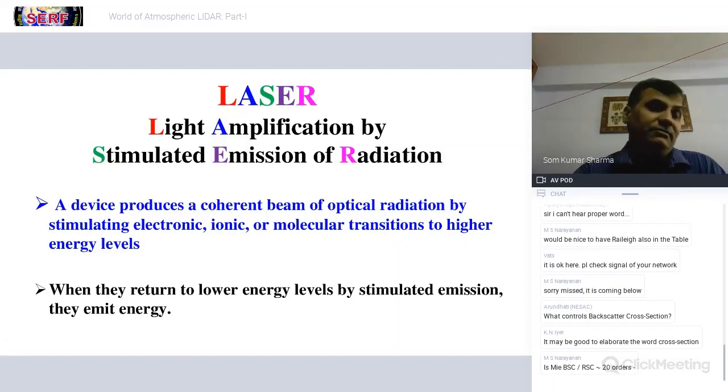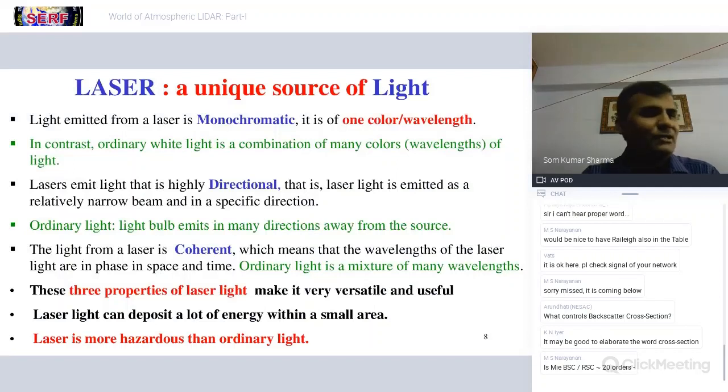And why laser? The question comes, why laser? Why can't a simple searchlight be effectively used in the LIDAR? That you will come to know within a few minutes. Laser is a unique source of light.